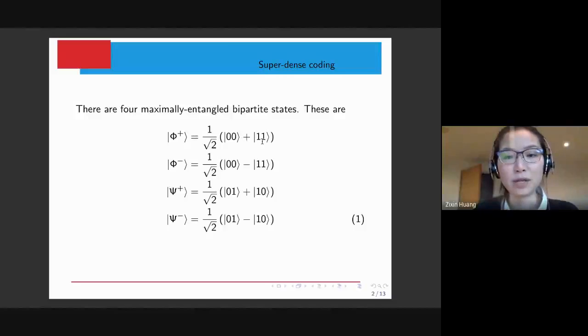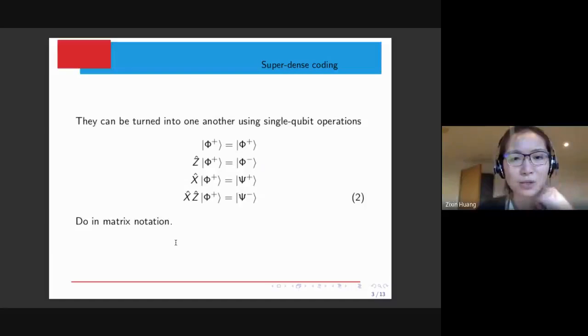You can check for yourself that these are all orthogonal, and you can also very easily check that we can apply local single qubit unitaries to convert between them. I think we'll do some of these on the board.